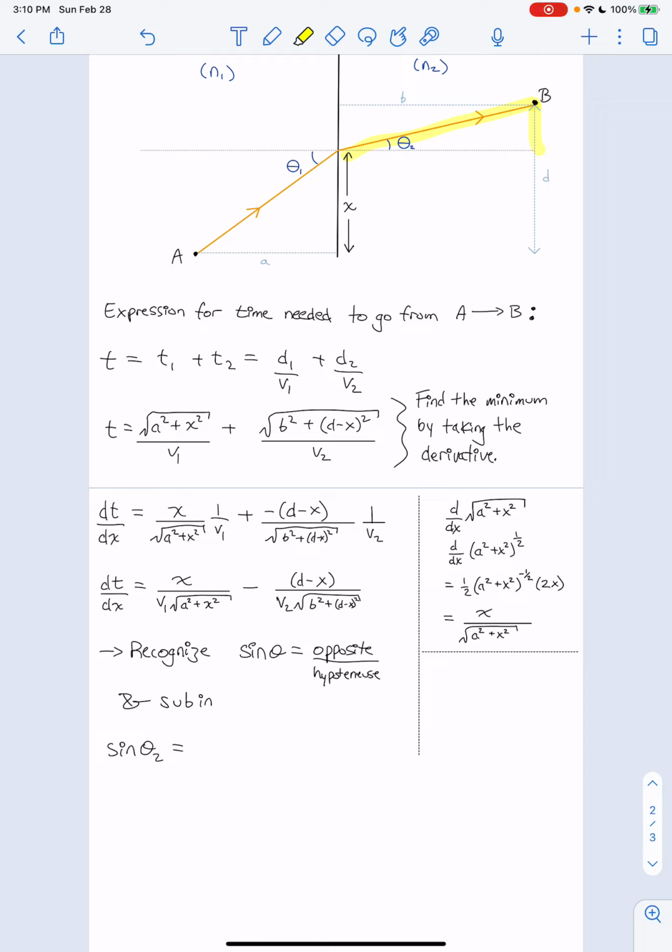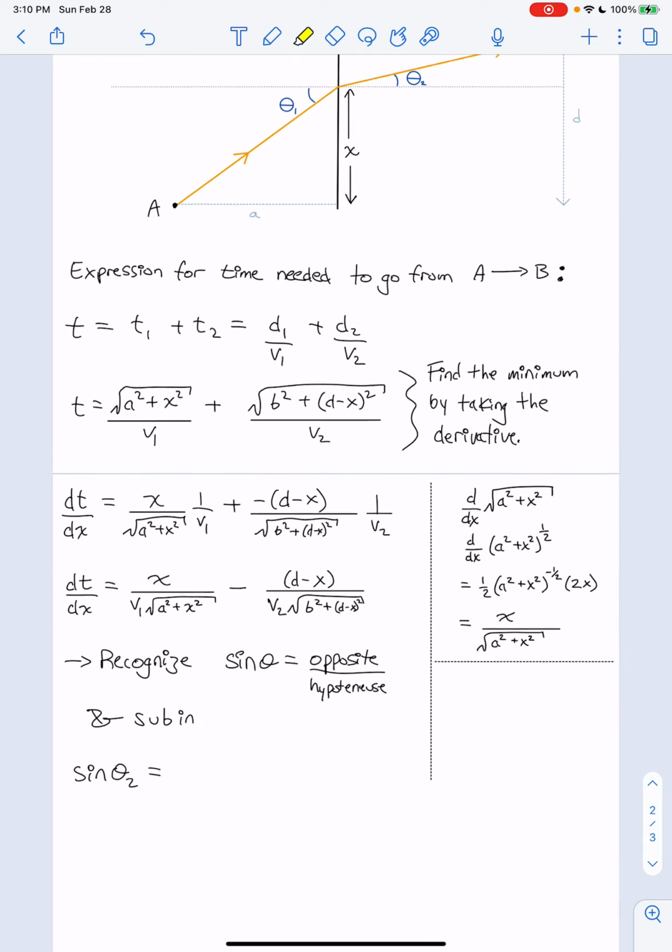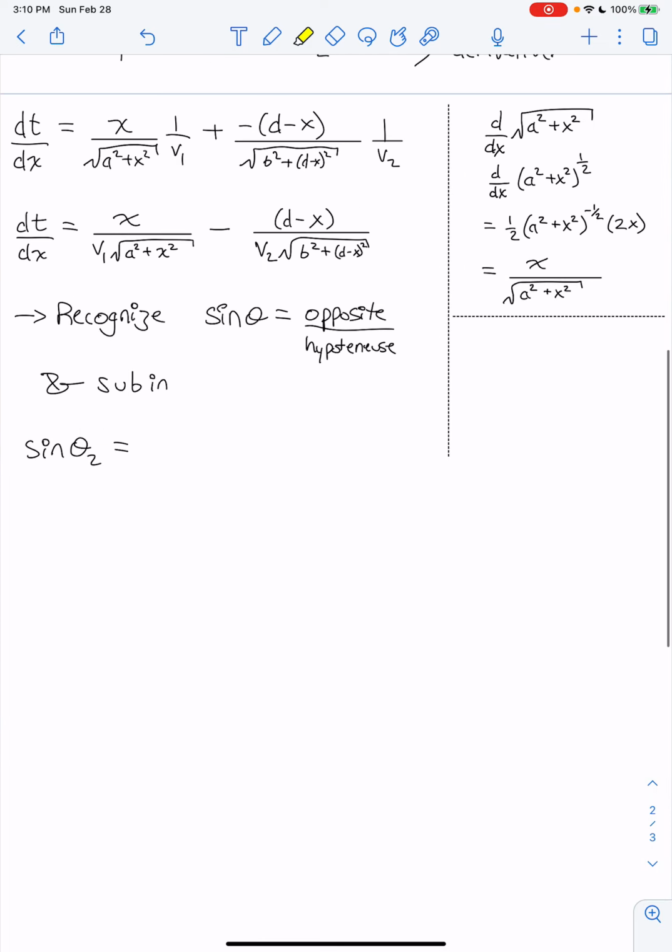And in fact, sine theta 1 as well, we can have an equation for, because again we've got this information about all the sides. And so we're going to use that relationship here to say that sine theta 2 is d minus x over the square root of b squared plus d minus x squared.